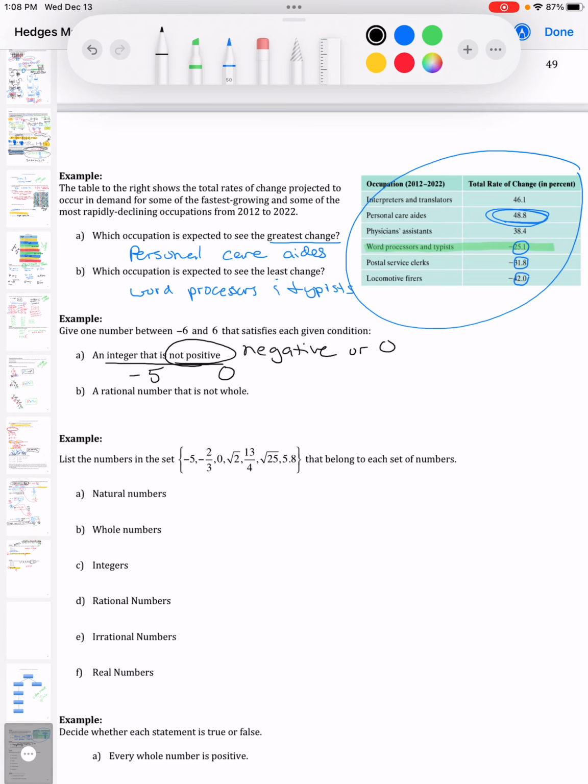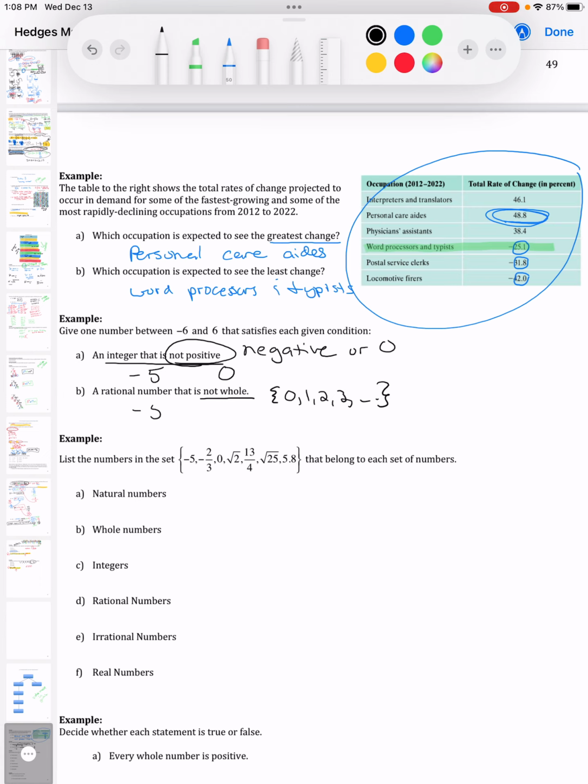Let's see, a rational number that's not whole. Remember, the whole numbers start with 0 and go on up to infinity. No decimals, no negatives, no fractions. So a rational number that is not whole can be anything that's not in this list. Anything negative would work.